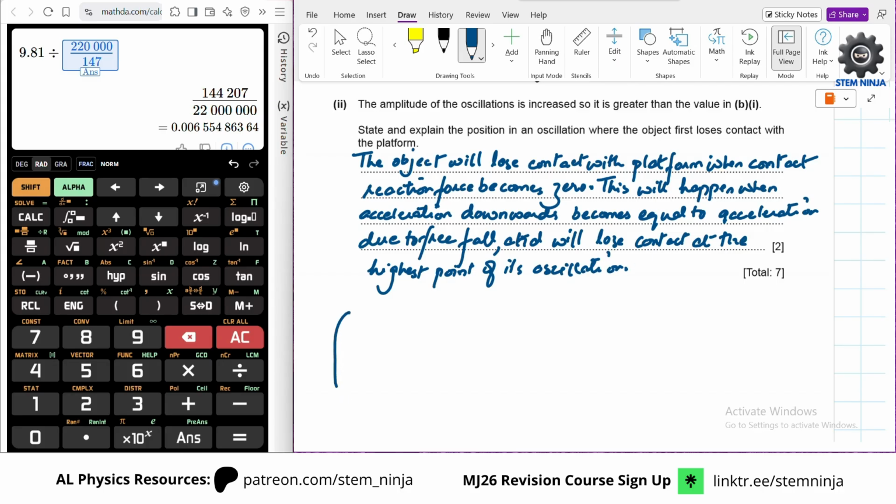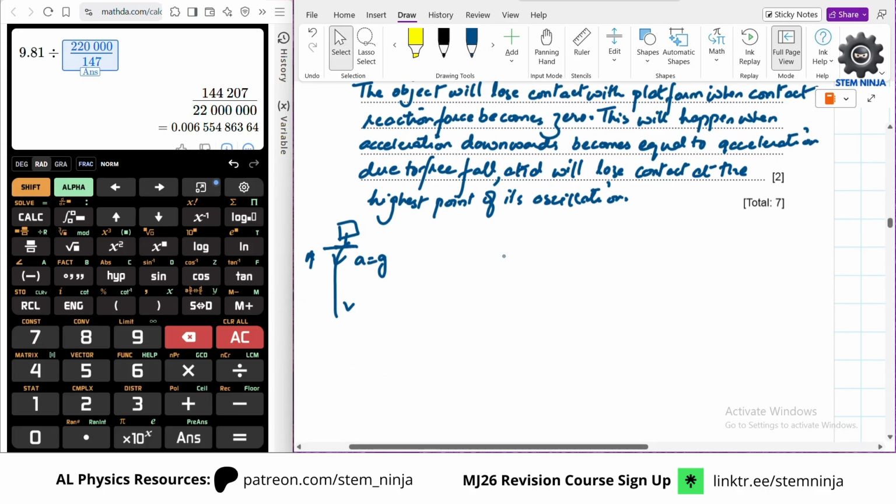Okay, so it will go like this, and then it will sort of, like you can say, it will jump up when the platform starts to come back with acceleration equals to g. Oh, sorry, no. Since it is like going upwards, the downward acceleration would be like this. Yeah. Okay.